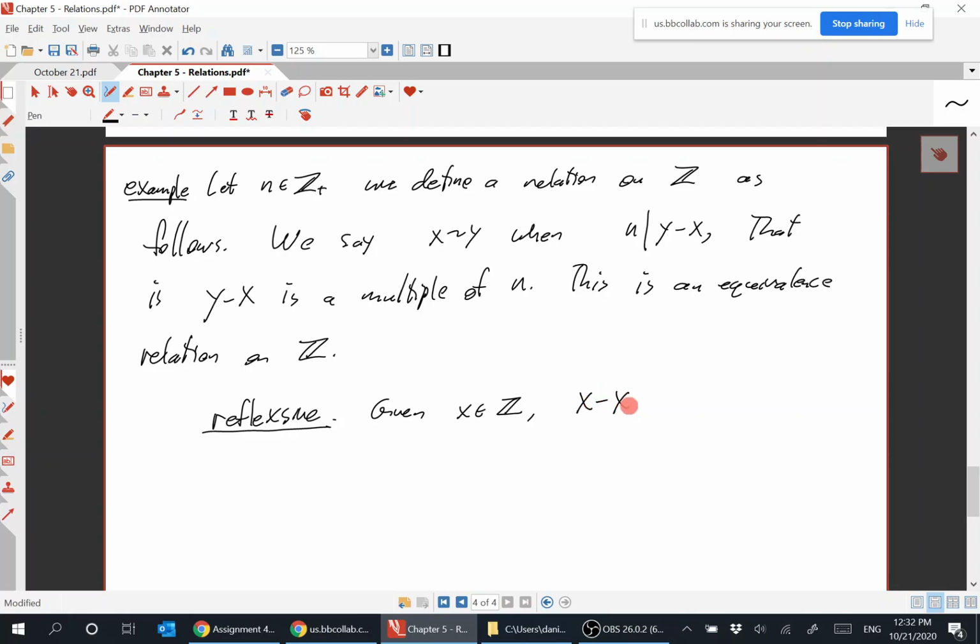Well, x minus x equals 0, and certainly does n divide 0 by definition? It's one of those sort of vacuous statements, I guess. But by definition, does n divide 0?